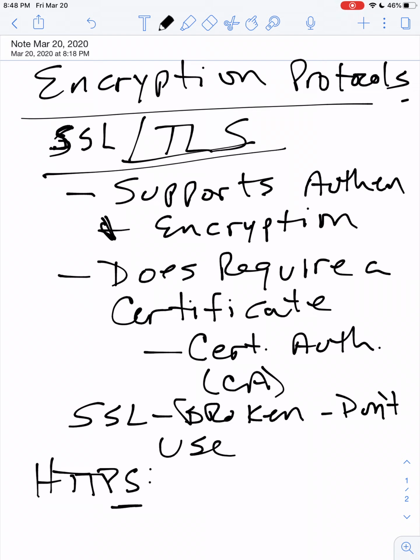When researchers find vulnerabilities in these protocols, they will upgrade the protocols, and that's what happened here. SSL was broken, it has some vulnerabilities in it. TLS 1.0 came out, 1.1, 1.2, and we worked to 1.3. So just keep that in mind. These are upgraded on a periodic basis.